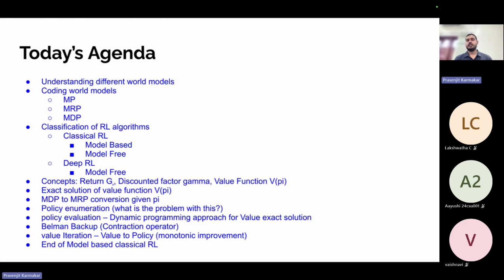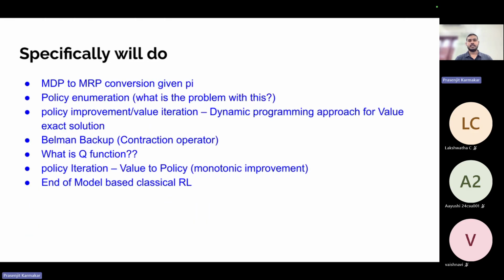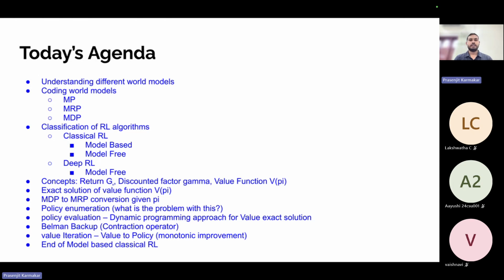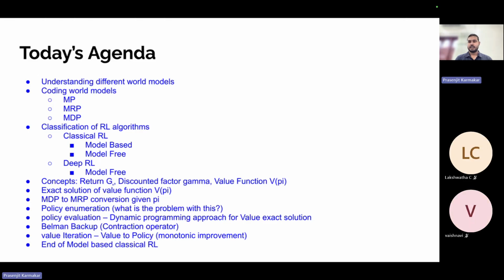Now, this is the entire thing that we covered for the last few weeks, and this was the last week. What we covered till now is different world definitions like MP, MRP, MDP, right? Then the classes of algorithms like classical RL, deep RL, and all those things. These are theoretical concepts. And then we covered some theoretical concepts like return, what a discount factor is, and all those things, right?